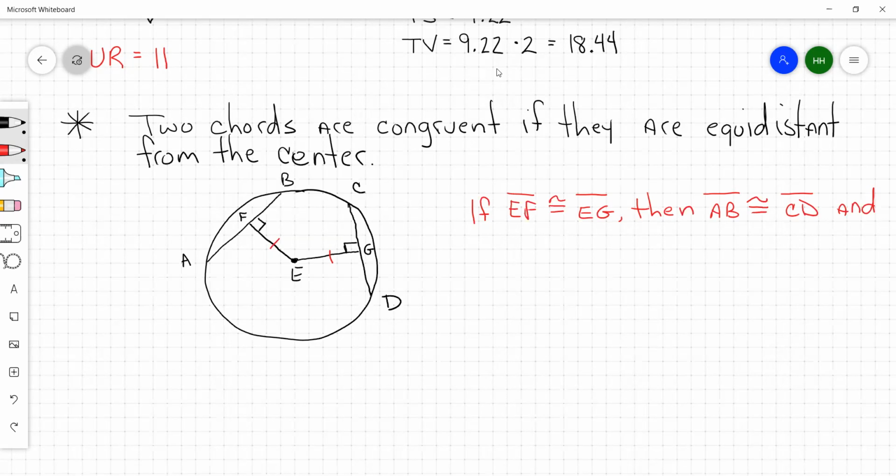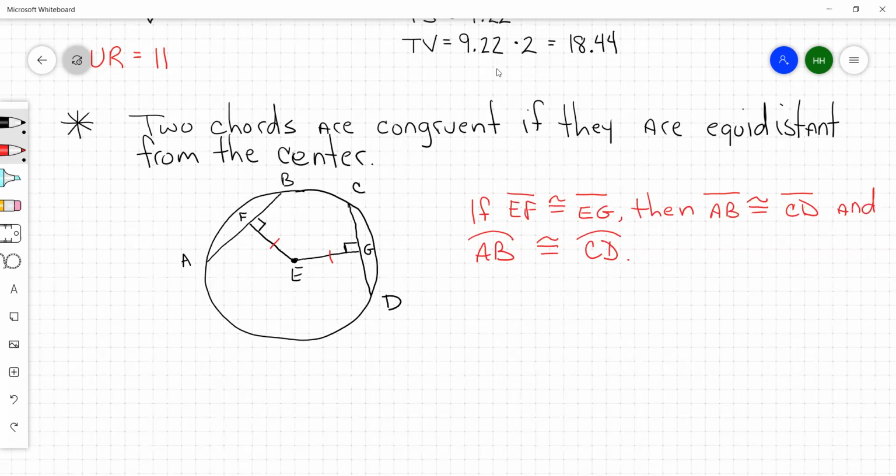and your rule about arcs is also true. Arc AB is congruent to arc CD. It's just the picture looks a little bit different because the radius doesn't go all the way through the chord sometimes.